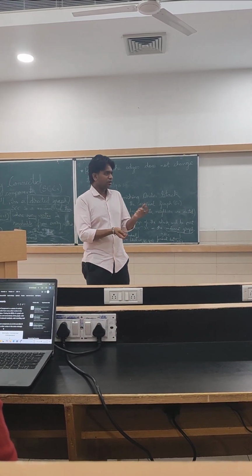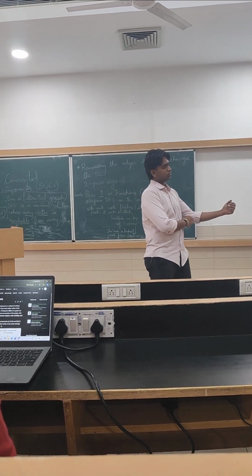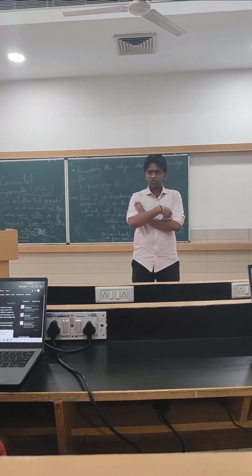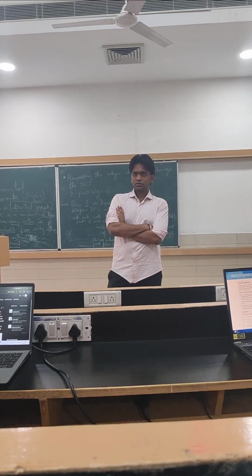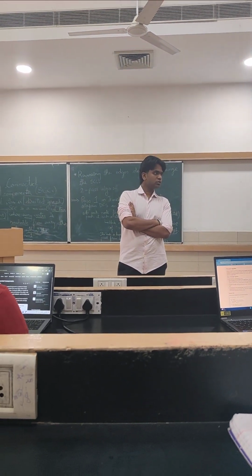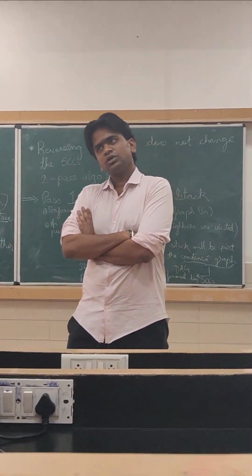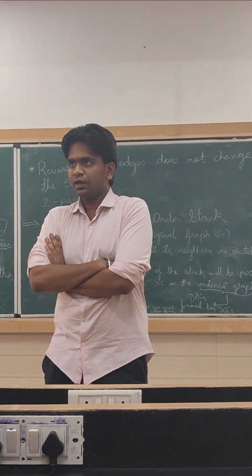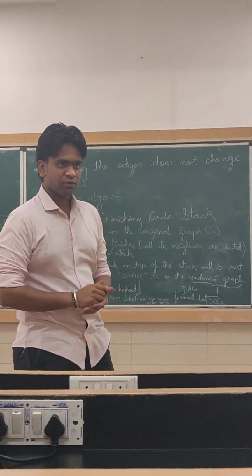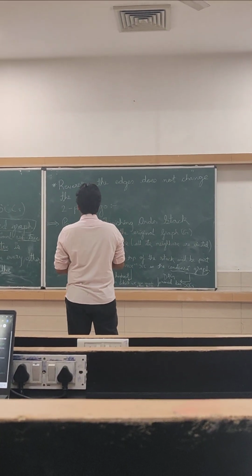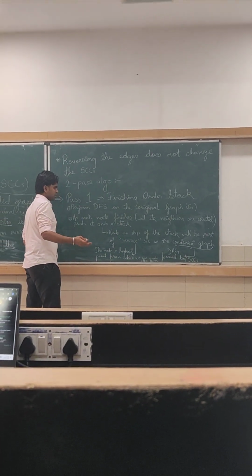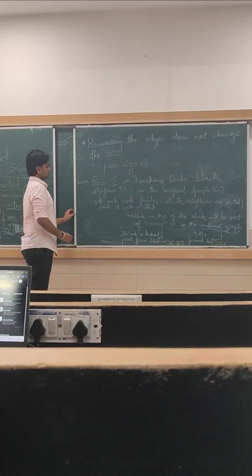You know what DFS is? Depth first search. How do you implement depth first search? Which data structure do you use? Recursion. And if you want to use a data structure, then a stack. Depth first search, stack. Perfect. I hope DFS is a very basic algorithm, right?